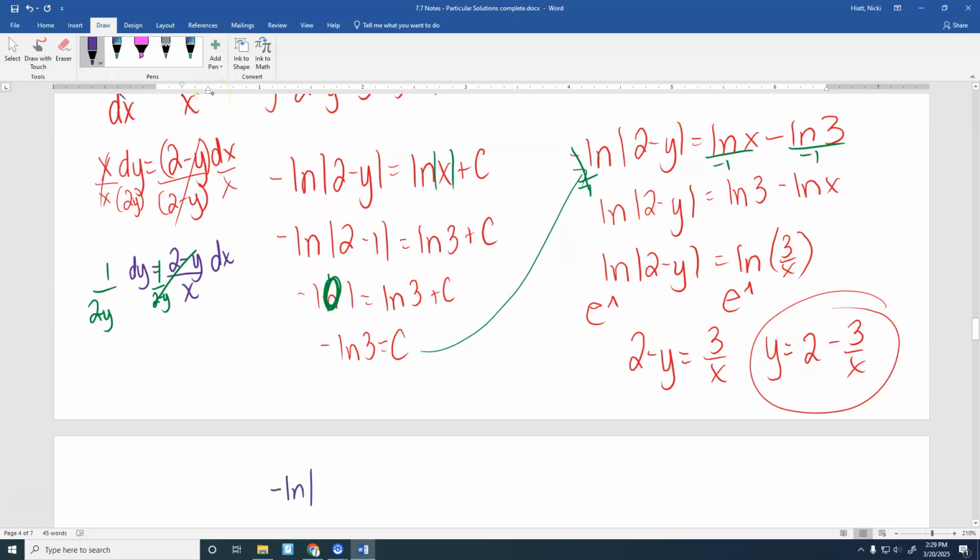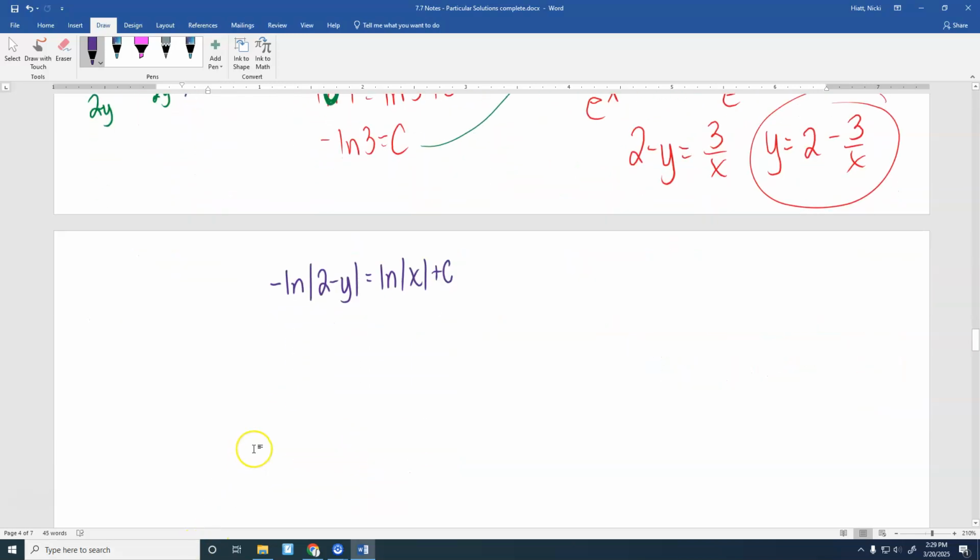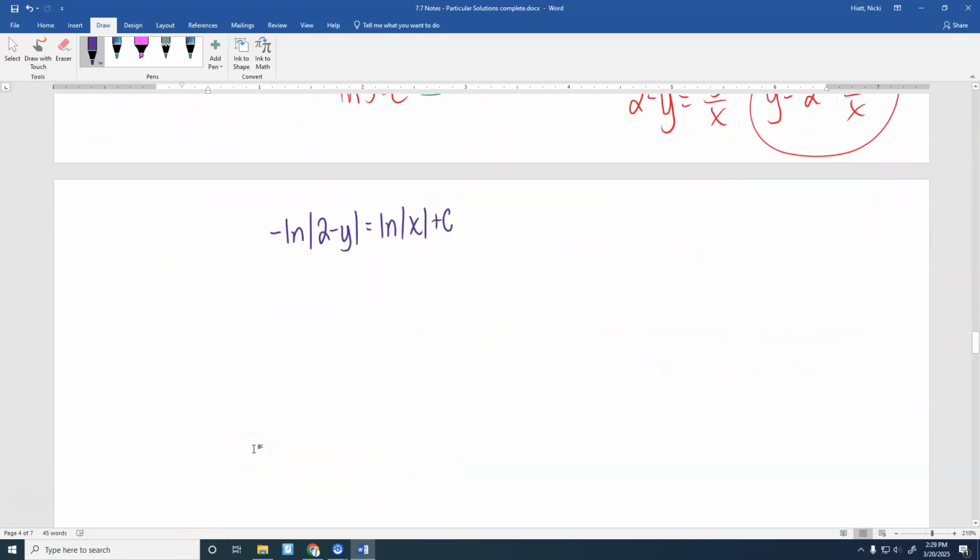Negative natural log of absolute value of 2 minus y equals natural log absolute value of x plus c. So, if you solve for y first, you're trying to get that y by itself.